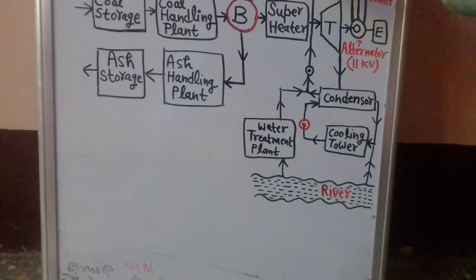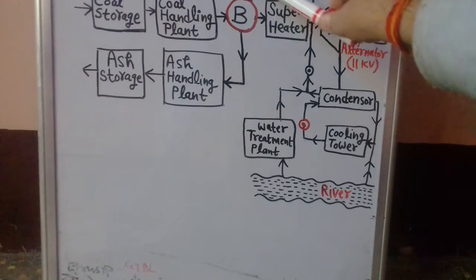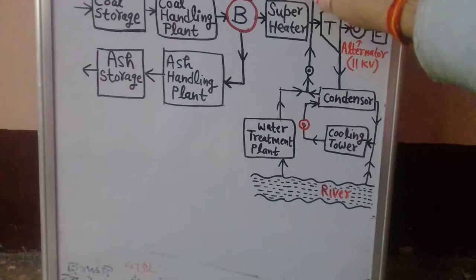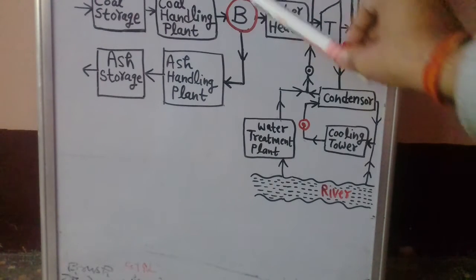Now from here, you see this is the air preheater. What is the job of the air preheater? The air preheater increases the temperature of the air supplied for burning coal, by using the heat energy of the flue gases.